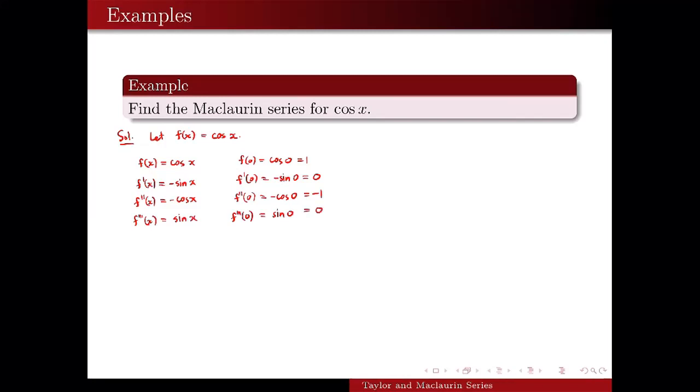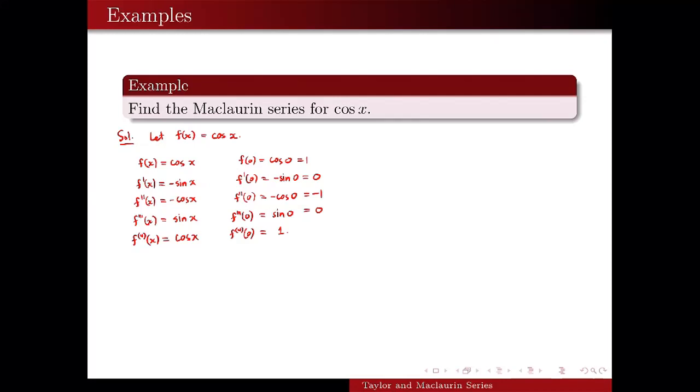And look, if we get the fourth derivative of f, we'll go back to cosine. So the fourth derivative at 0 is 1. And you will continue the pattern: 1, 0, negative 1, 0, 1, 0, negative 1, 0.